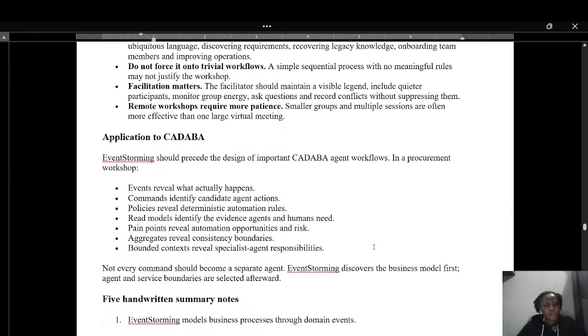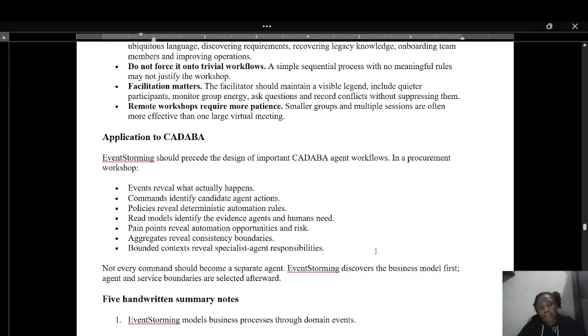Okay. So for agentic system design, event storming should precede the design of important agent workflows. For example, if you want to design a procurement agentic workshop: events review what actually happens. Commands identify candidate agent actions. Policies review deterministic automation rules.